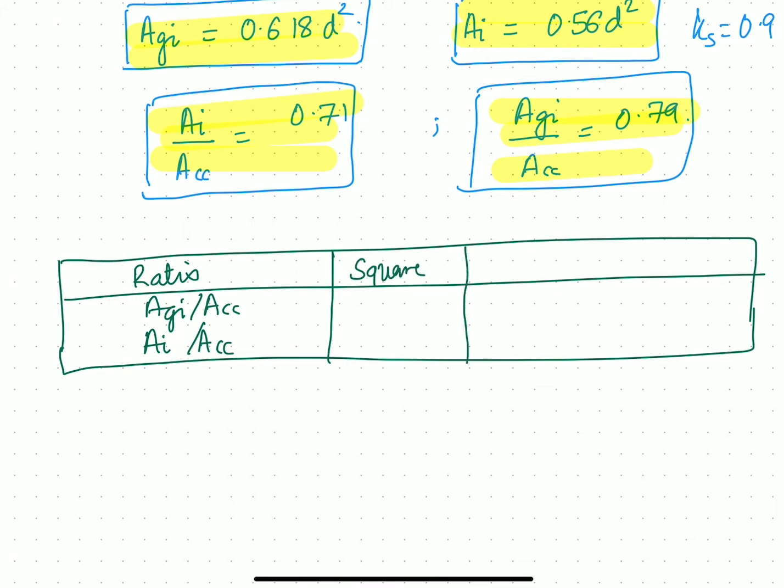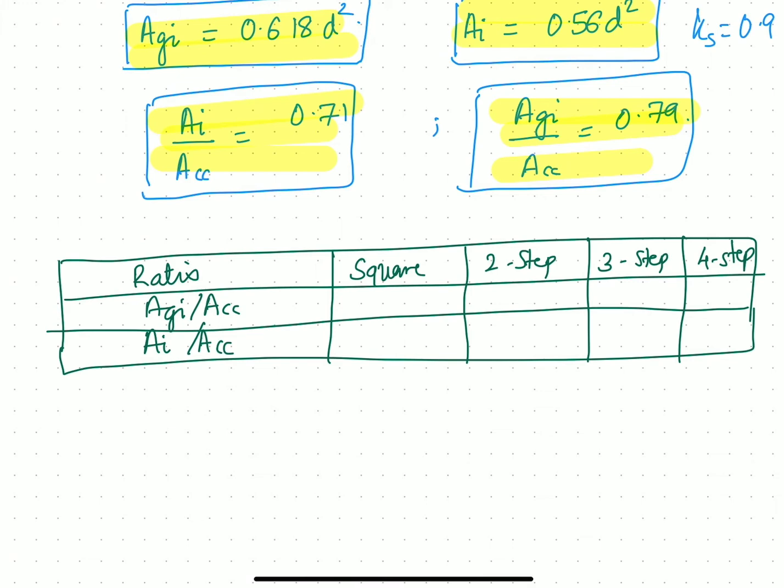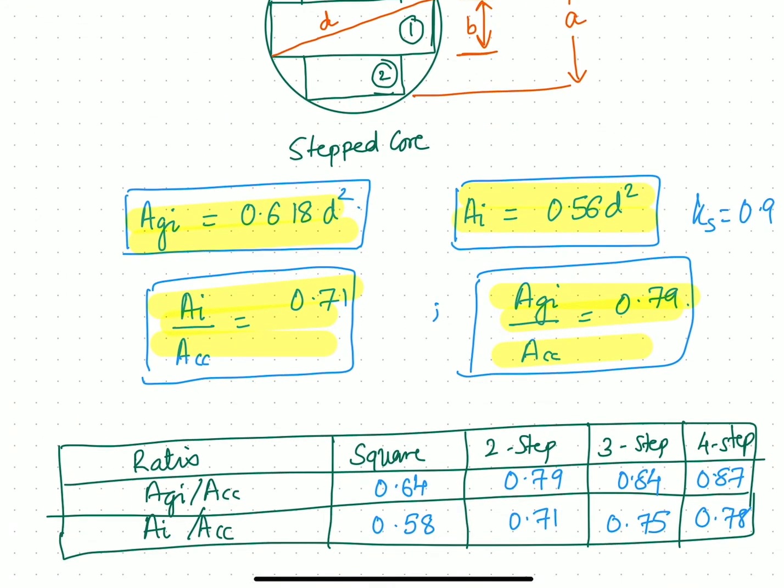I will summarize these results. For the square core these ratios are 0.64 and 0.58, and for the stepped core 0.79 over 0.71. Then this is 0.84, this is 0.75, this is 0.87, and this is 0.78. Okay, so this is all about the design of the core.